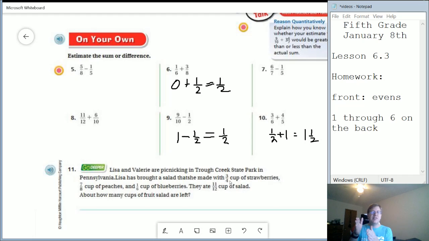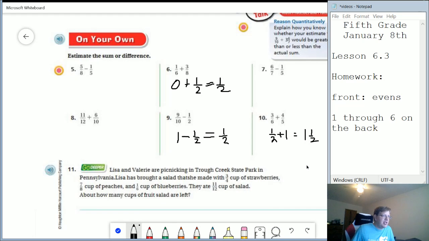But since we're the same distance from 1/2 to a whole, if we were rounding, we probably should round that up to the whole to be more accurate. So we have 1 cup of strawberries, or we can say we have 3/4 of a cup of strawberries. We're going to get a similar answer either way.